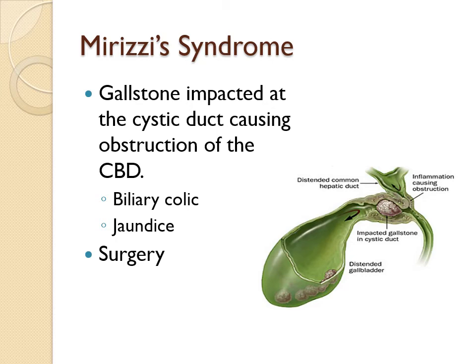Mirizzi syndrome occurs when the gallstone impacts itself at the cystic duct, causing obstruction of the common bile duct. So not only does the patient present with biliary colic, but the patient would also present with jaundice. So because there's obstruction, you need to do ERCP with stent insertion, or you have to send the patient to surgery.